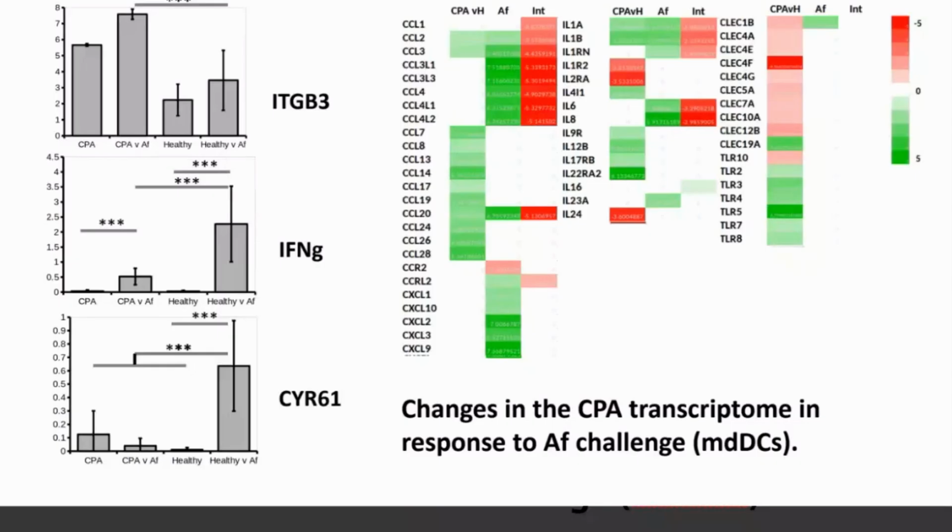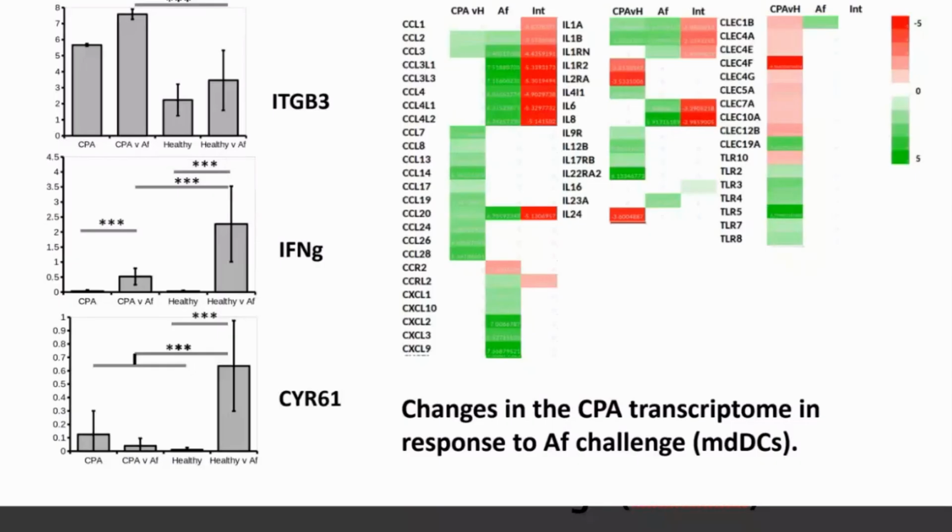However, if you look at the left of that slide where it says CPA, people with CPA do not respond. And we think, we've not directly linked the dots yet, but we think it's because the ITGB3 is not signaling properly. There are many, many other changes. On the right, you can see all of the immune genes, and green means that they're turned up and red means they're turned down.